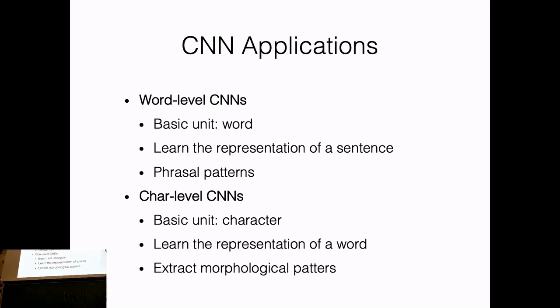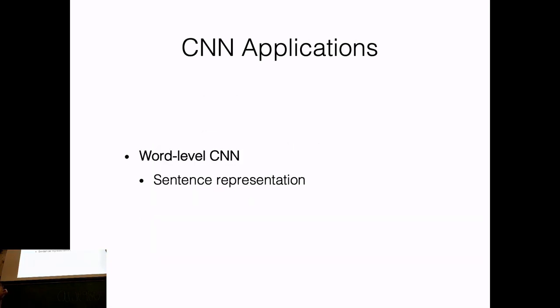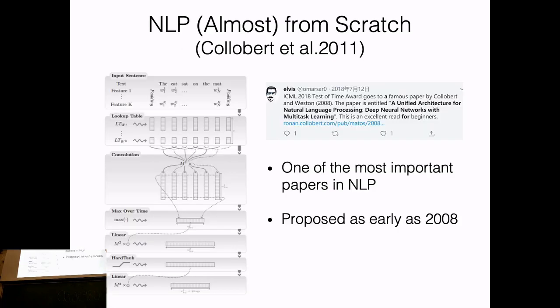It is very useful for tasks such as sequence labeling or Chinese word segmentation. So for some fundamental tasks, the character level CNN is quite useful. Here we give one example for the word level CNN. The paper is Natural Language Processing from Scratch. Actually, this paper has been recognized as one of the most important papers in natural language processing.